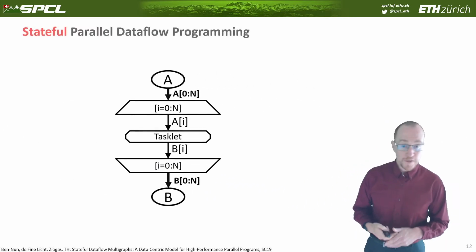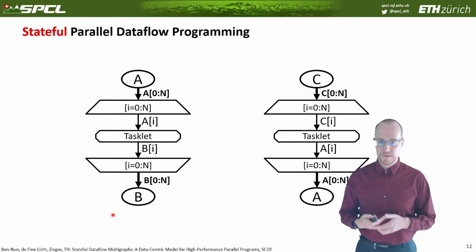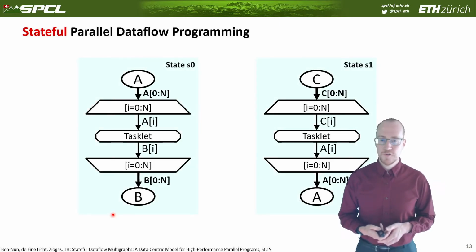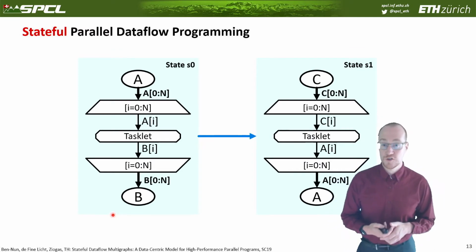So we can now take this, and actually we can define multiple different states. So this is kind of like a state machine where if you have a part of your code that is not representable as pure data flow, you can actually introduce these two different states, state 0 and state 1, and define a dependency edge between those, an artificial ordering in addition to just the data flow ordering.